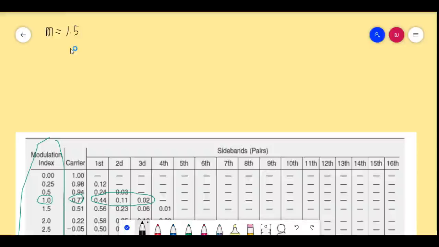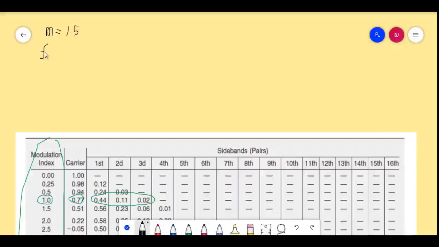What if the modulation index you got is nowhere in the table? You just go ahead and round it off to the nearest modulation index and proceed from there. Although there is a method of actually determining the exact sideband pairs and their amplitude given a specific modulation index, unfortunately, that is beyond the scope of our discussion. So to simplify things, you just round it off to the nearest modulation index, then proceed from there.